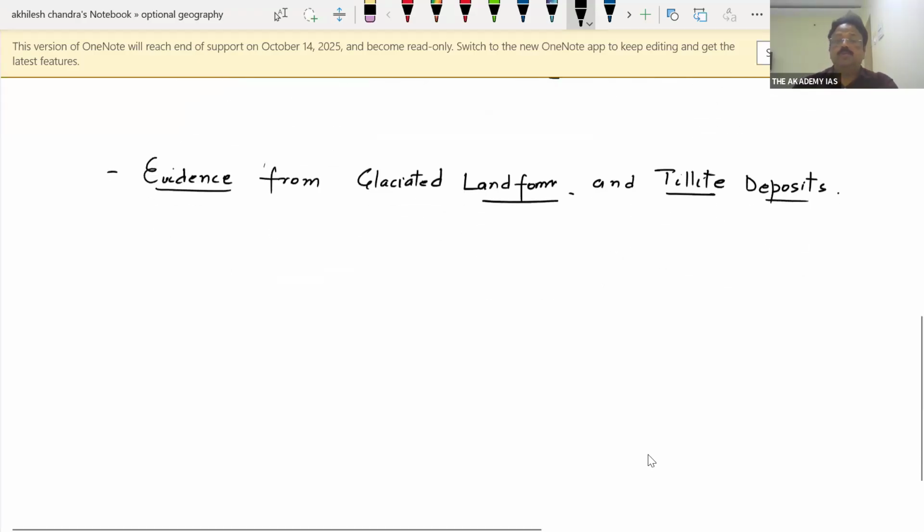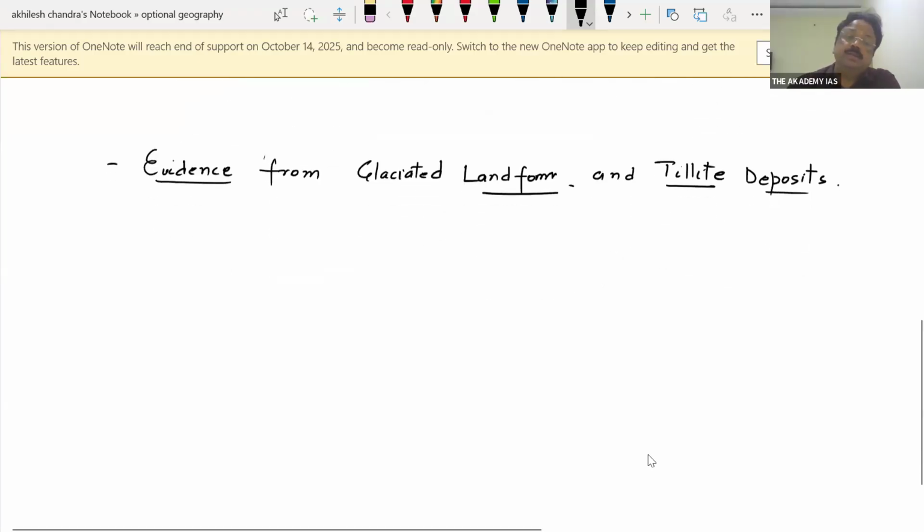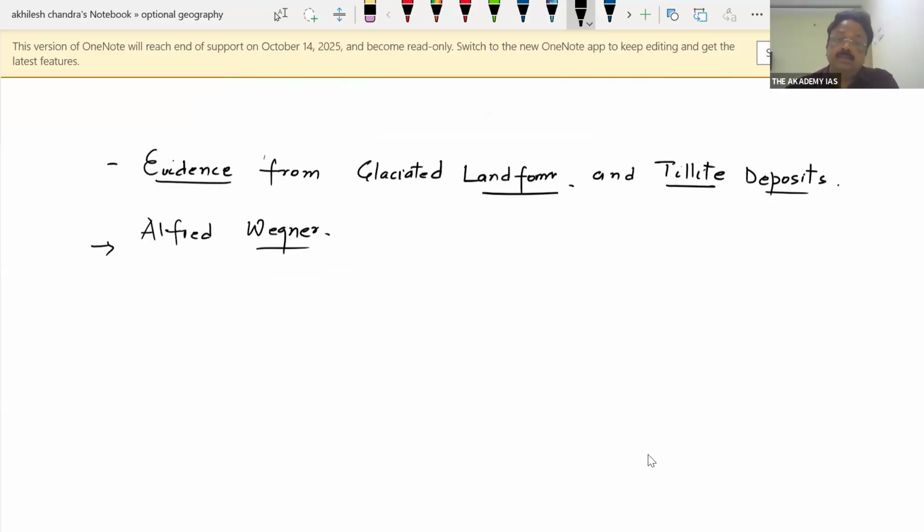So when you talk about Wegener's research, Alfred Wegener was actually engaged in the study of these paleoclimatic evidences, the paleoclimatic studies.